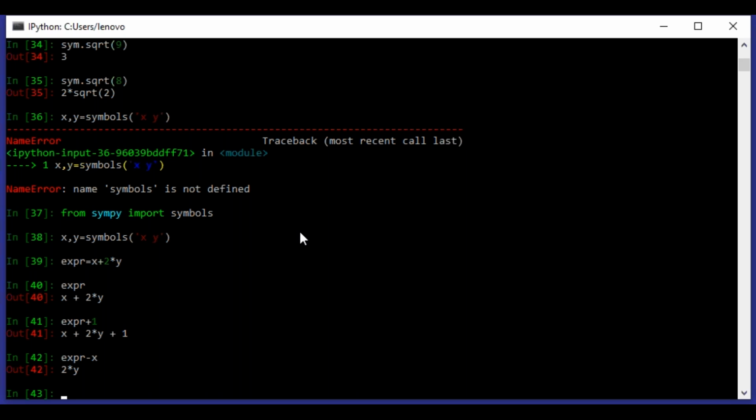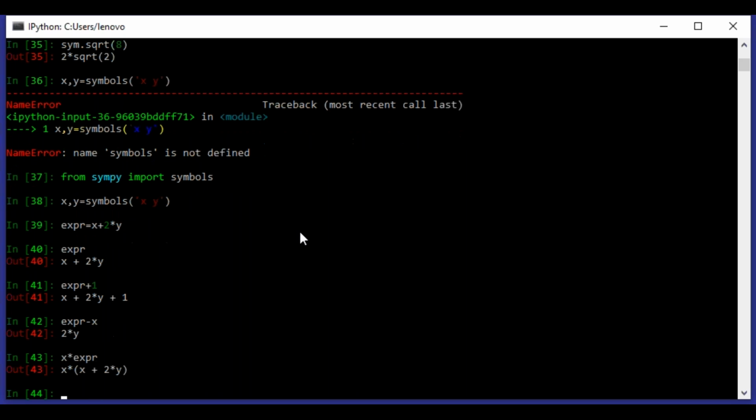The expr is a function in two variables x and y. By giving some modification, the result we have obtained is expr minus x, we get 2y. Then we can find x into expr, that gives x into x plus 2y.